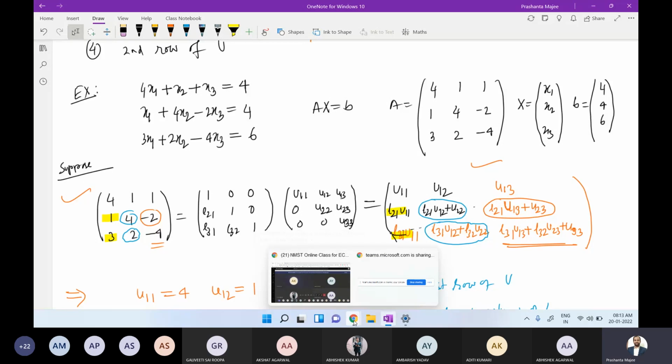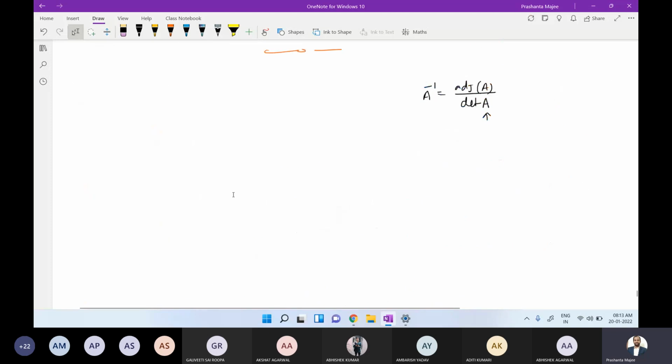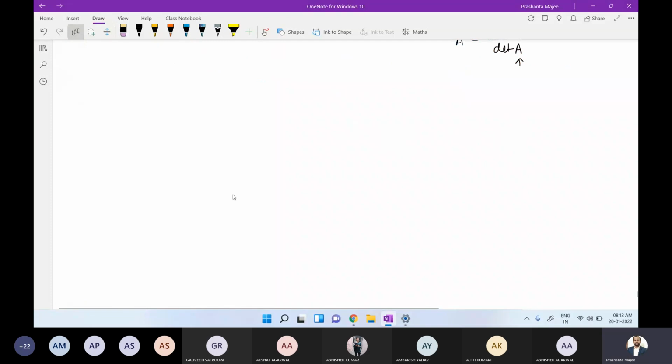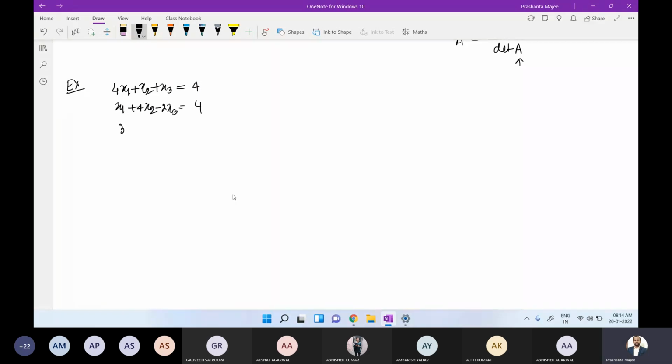So the system is 4x1 plus x2 plus x3 equals 4, x1 plus 4x2 minus 2x3 equals 4, and another is 3x1 plus 2x2 minus 4x3 equals 6.